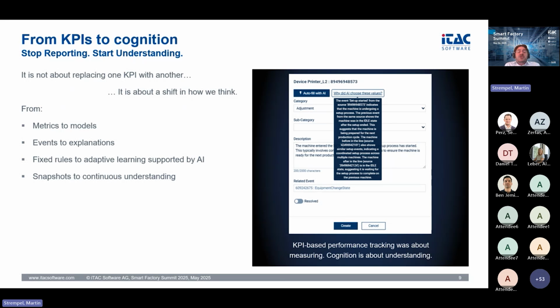We're going from snapshots of what's happening to an understanding of the continuous system and how its parts interact with each other. And we're going from rules to a system that can learn and adapt to these conditions. This is where cognition enters the picture. We're not talking about artificial intelligence for the sake of a buzzword, but about it being adaptive and able to explain with some sort of causality what is actually going on in our factory.